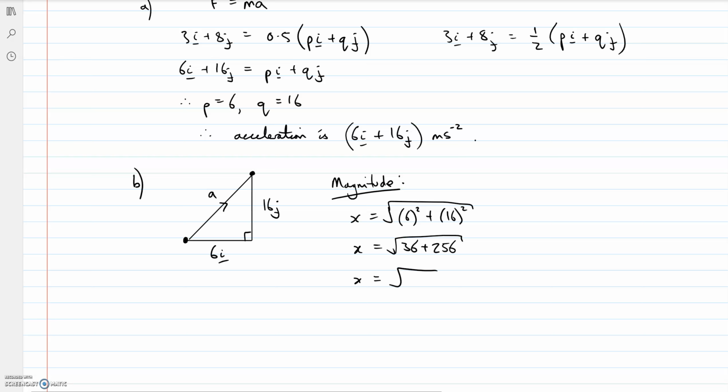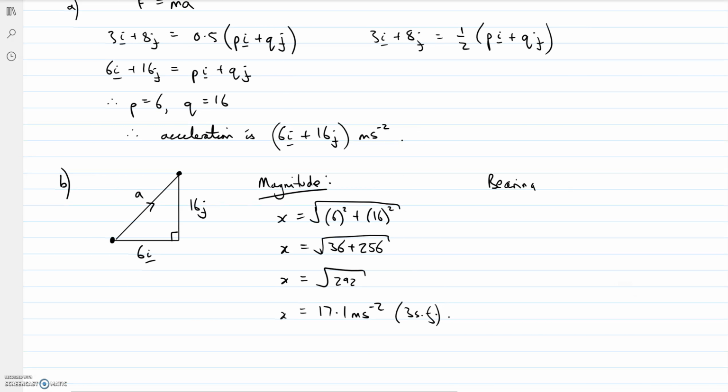So you get root 292, which is 17.1. So that's the actual value of the magnitude of the acceleration, 17.1 meters per second squared. And then we can find the bearing as well.